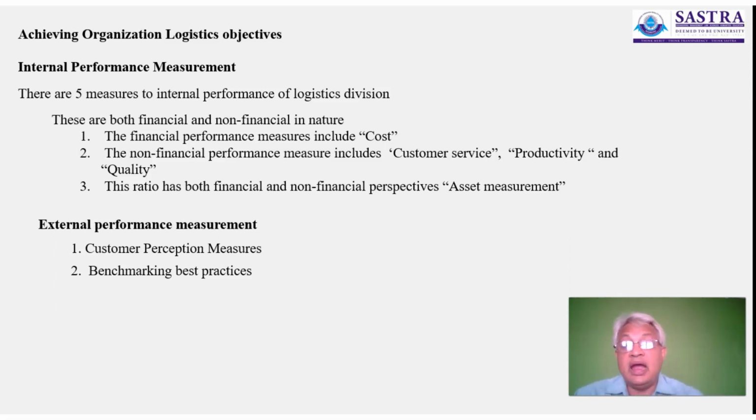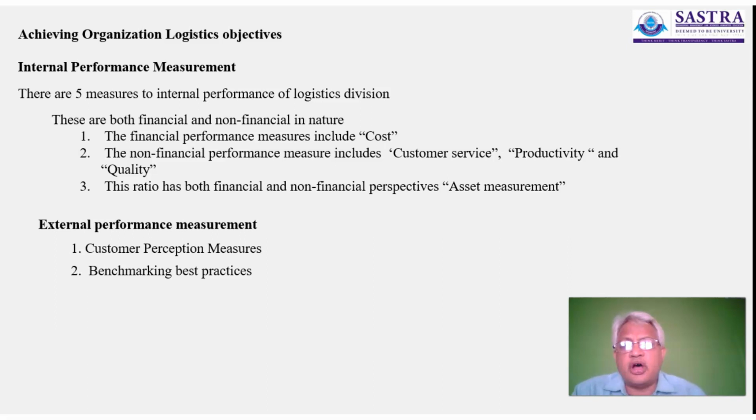And there are certain non-financial performance measures that were also added to give a balance. Keep in mind, when we discussed balanced performance measures, we spoke about internal and external, and then we also said the objective we need to achieve is financial and non-financial measures. Here, internal performance measurement constitutes both financial and non-financial measures.